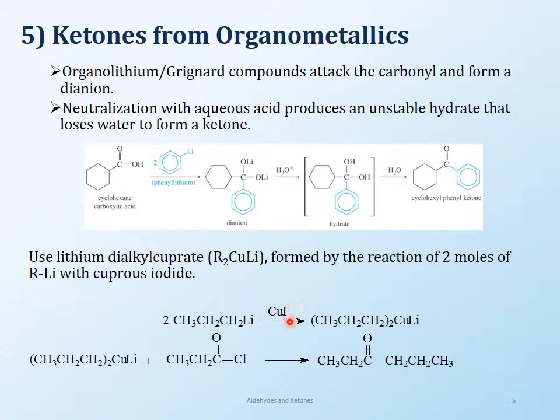Treat that with copper iodide and you end up getting this reagent, and this reagent is actually very tame. Grignard reagents are very strong and organolithium reagents are very reactive, so you have to be careful when you're using these reagents. Grignards are better than organolithium, and then cuprate reagents are even more tame, which means that you can really control your reaction this way.